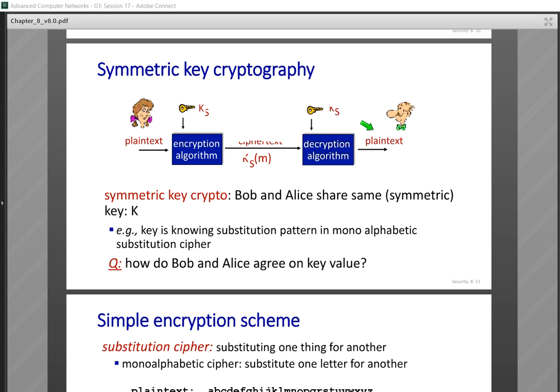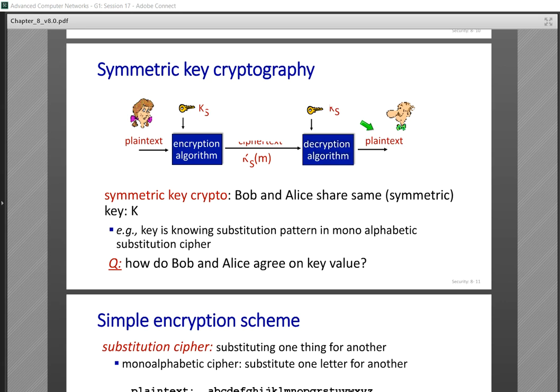Who is Bob and who is Alice? I don't know. Everyone who has the key can encrypt or decrypt the message. This is the main problem with symmetric key cryptography.